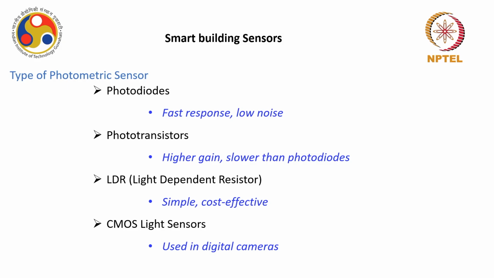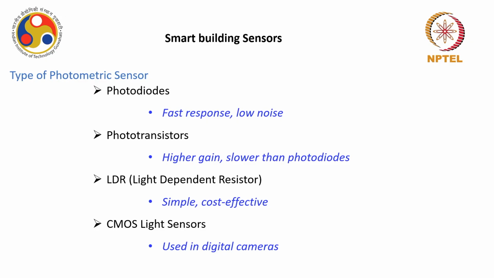You can simply use a photodiode, you can use phototransistors, simple light dependent resistors (LDRs) can be used for this application, and for advanced chip-type devices you have CMOS light sensors. Of course, each one has its own advantages and disadvantages.